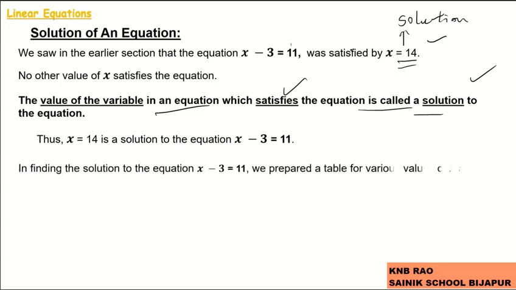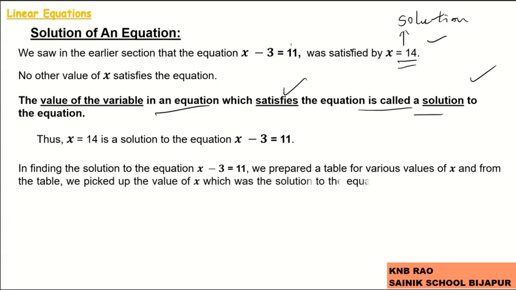In finding the solution to the equation x minus 3 equals 11, we prepared a table for various values of x, and from the table we picked up the value of x which was the solution to this equation, that is, which satisfies the equation.